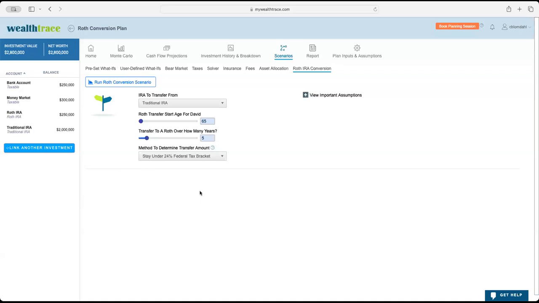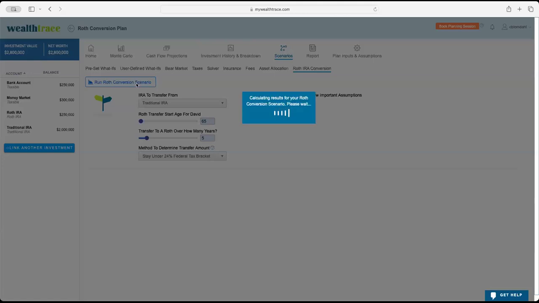They are in that 5-year sweet spot window when they're retired and haven't started taking Social Security or pension benefits yet, so they don't have any taxable income. This gives us the chance to squeeze in a large Roth IRA conversion before it is too late. Once you've input your settings here, you can go ahead and click on the Run Roth Conversion Scenario button up here.